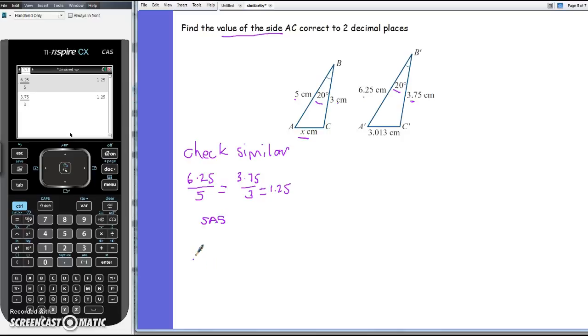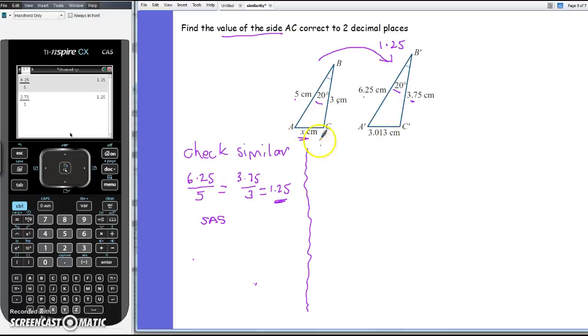Once we've checked that they're similar, we can now use the fact that these sides are all in the same ratio and work out this unknown. Now I'm going to show you two different ways of doing this. First of all, using this scale factor of 1.25. I know that every side length in this triangle is scaled up by a factor of 1.25 to get this second triangle.